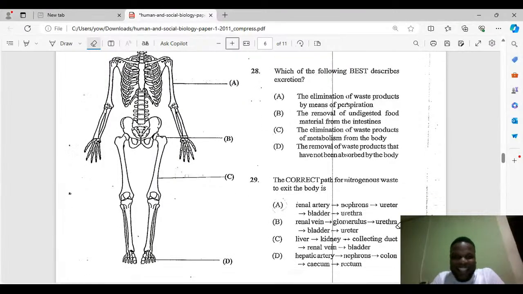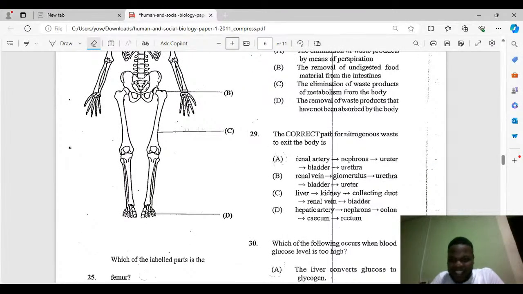D, not B. D is the phalanges, you sure? Yes, the phalanges. Remember, your feet and your hands, your toes and your fingers. Yes, it's your phalanges. And B would be the pelvic girdle around there.